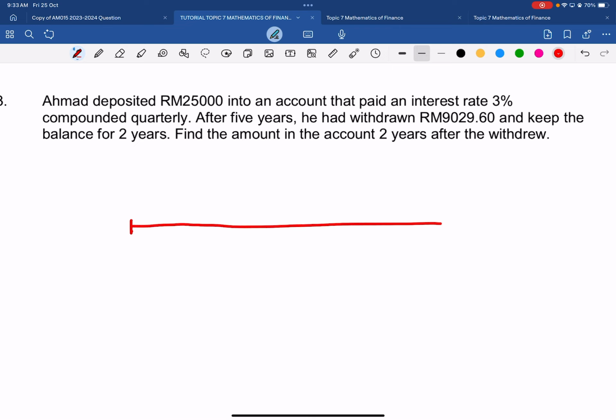Draw a timeline. Deposited 25,000, so P equals 25,000 into an account that paid interest rate 3%, so J is 0.03. Compounded quarterly, m is 4.